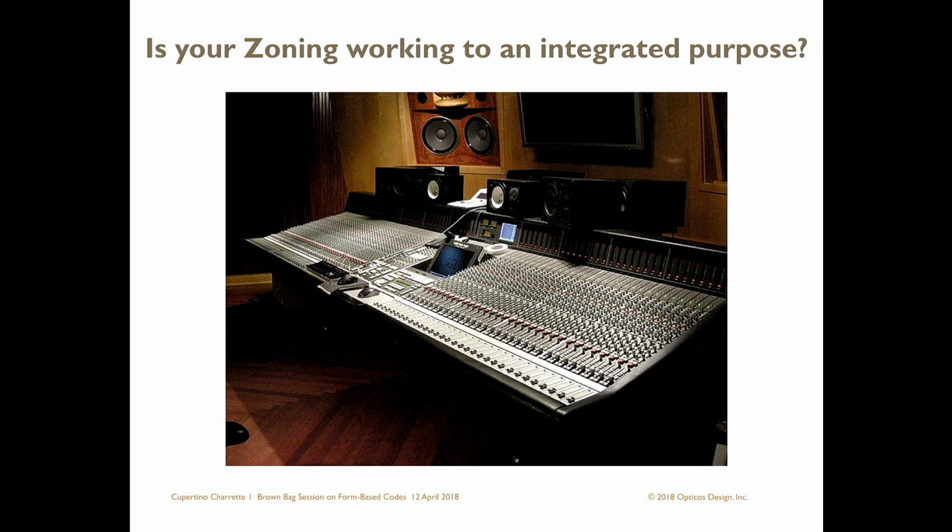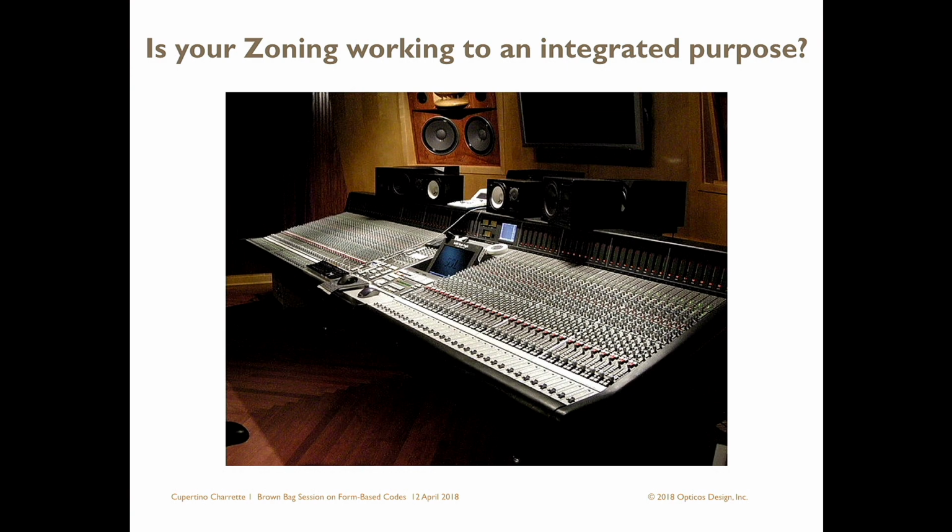All right, so I like to explain form-based codes this way, because it's the way I understood it. I'd been writing them for a while, and when I had to explain them to people, the way I internalized it was with a graphic equalizer. This is my condensed version of this explanation.